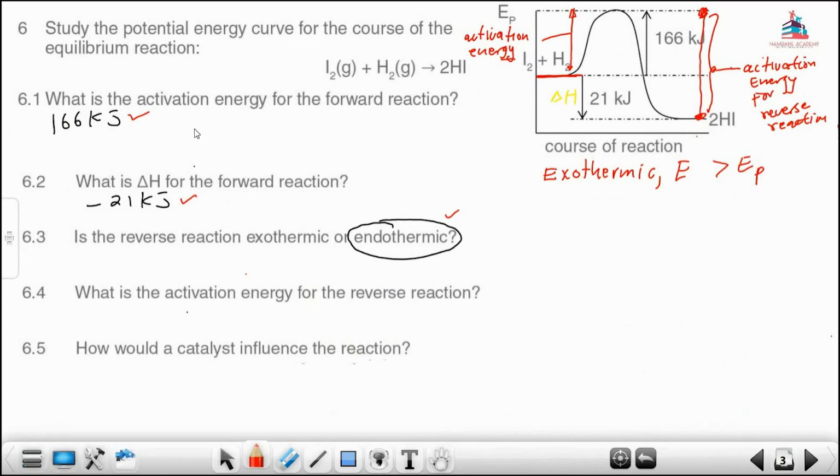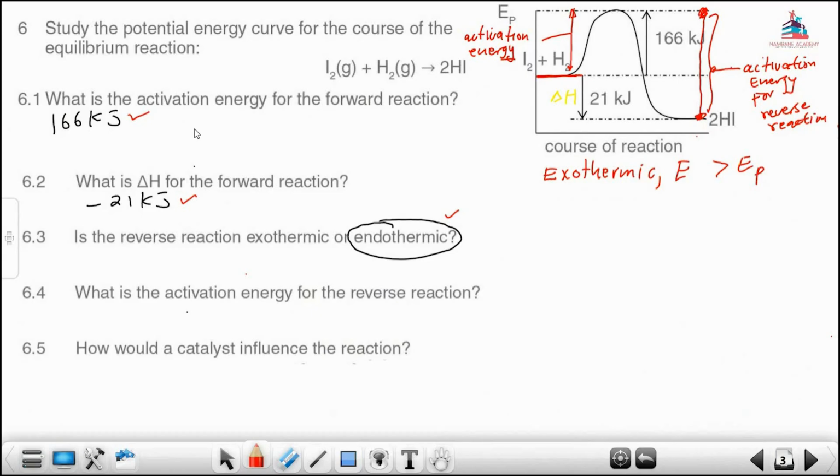What is the activation energy of the reverse reaction? I need an answer. How do we go about this one?